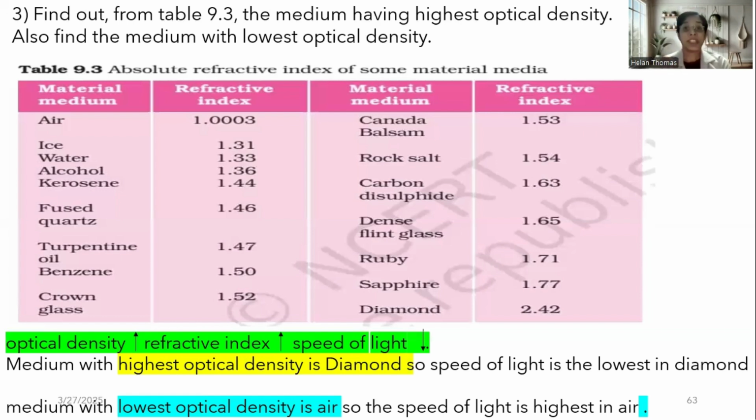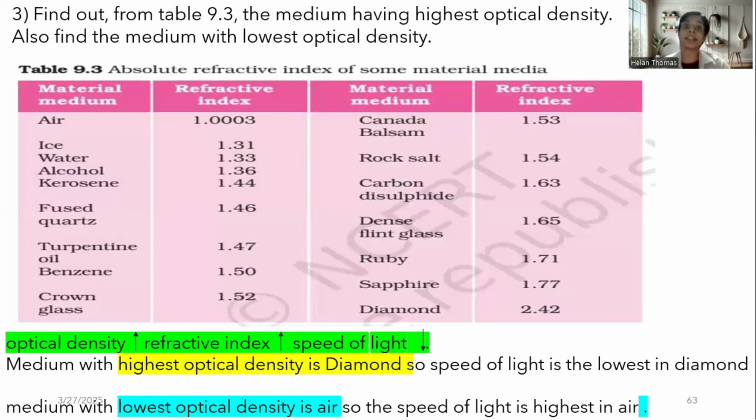So the time is taken as a constant, which means when the speed of light is high, it will travel more distance. When the speed of light is less, it will travel less distance. Just keep this in mind. This concept will be better understood if you know that when the speed of light changes, the distance traveled subsequently changes.